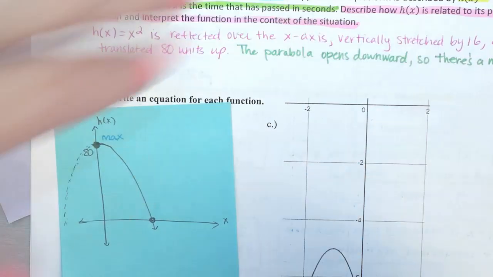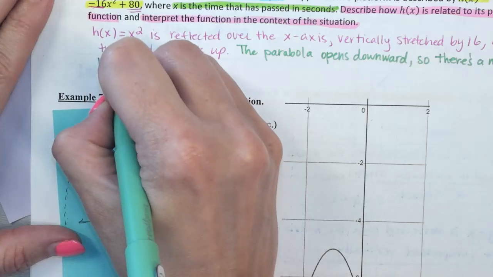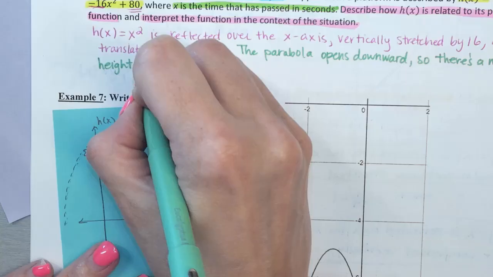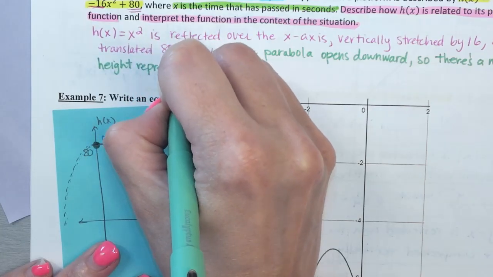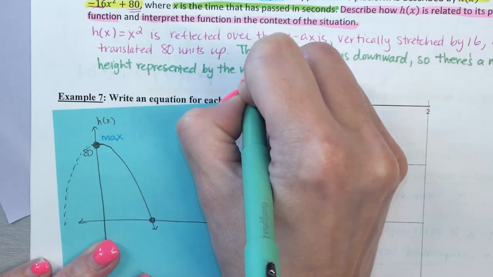and this is what we're going to put in context. So h of x represents the height, so we're going to say there's a maximum height represented by the vertex.